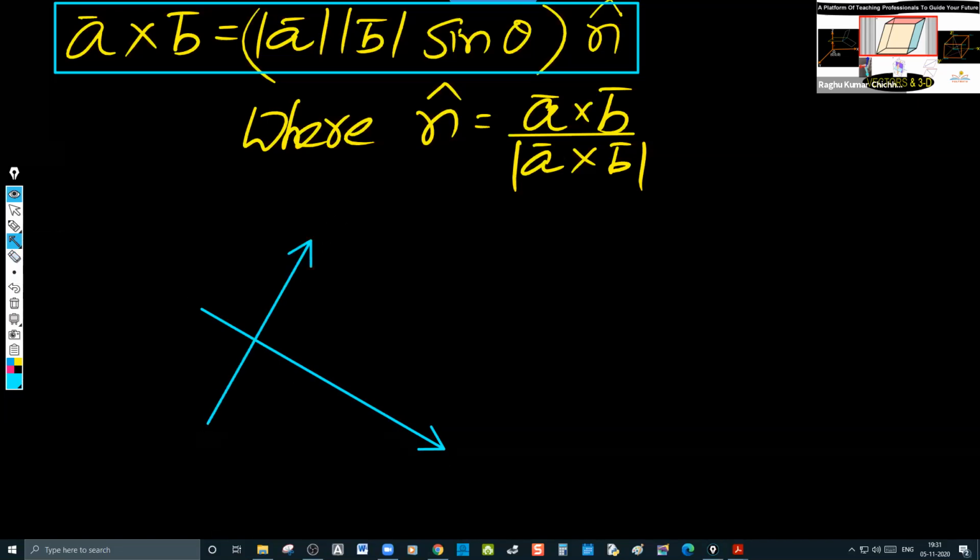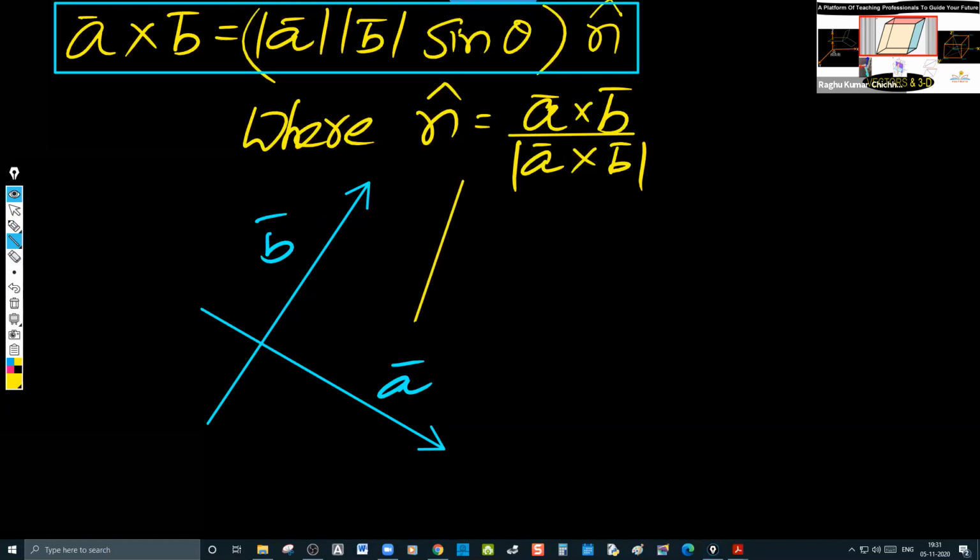If you have two vectors like this, one is A bar, the other is B bar, then the resultant A bar cross B bar will always be perpendicular. Very, very important, please. It will be perpendicular to the plane containing A bar and B bar.